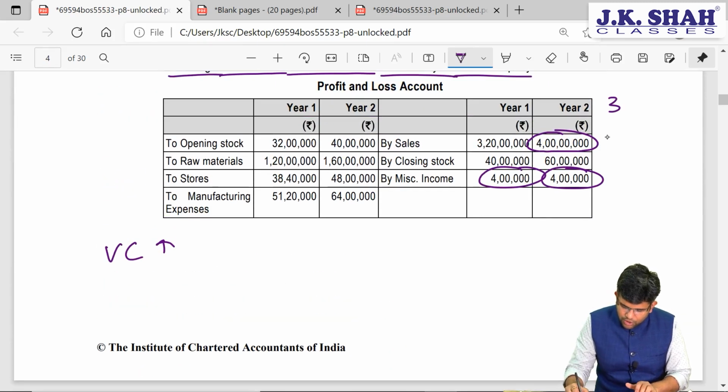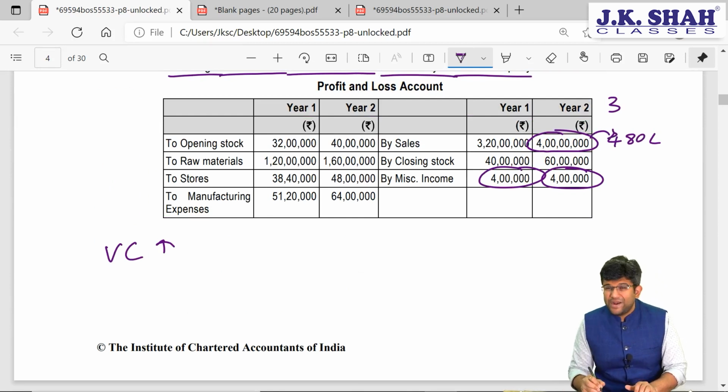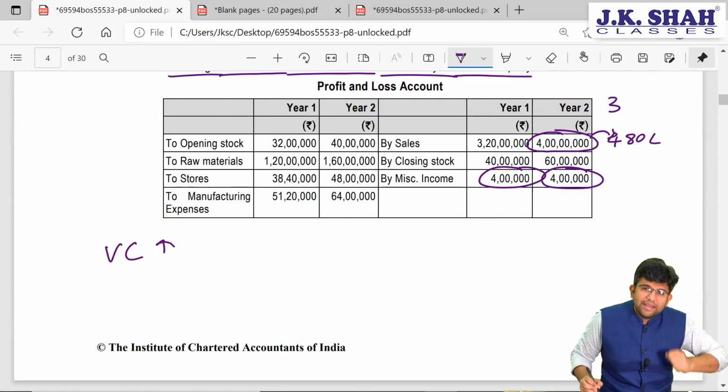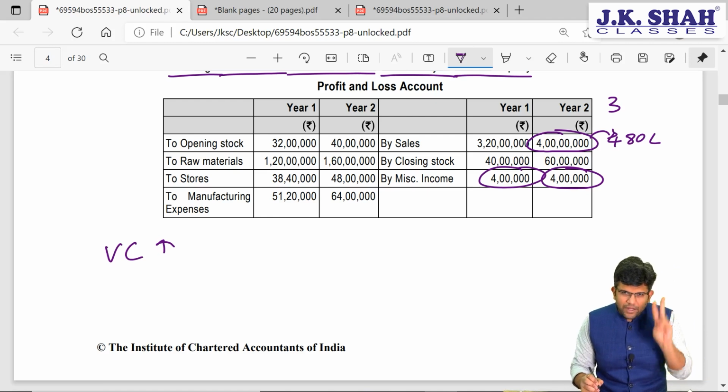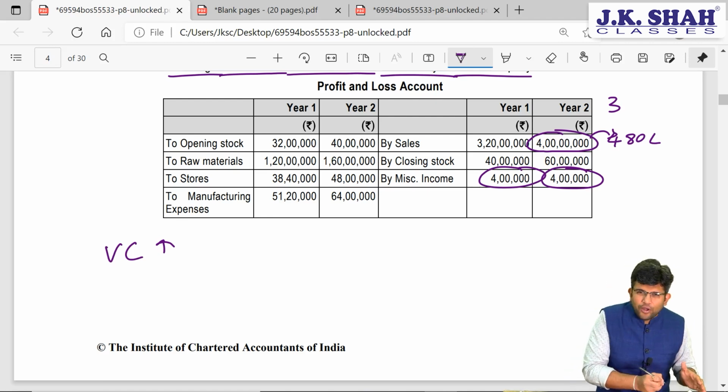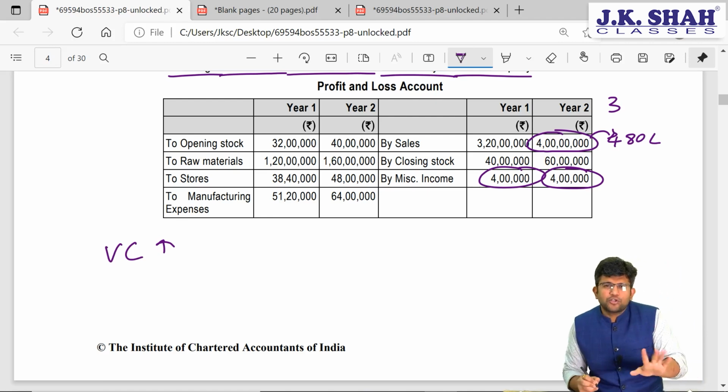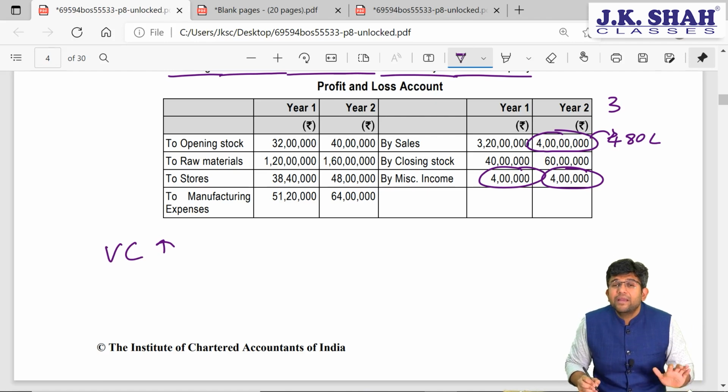Now children, a jump from 400 lakhs to 480 lakhs is an obvious 20% jump. Everybody clear? Which means sales are projected to increase by 20%, and therefore on the debit side of the P&L, all those costs which we can consider to be variable will also increase by 20%. Everybody clear?